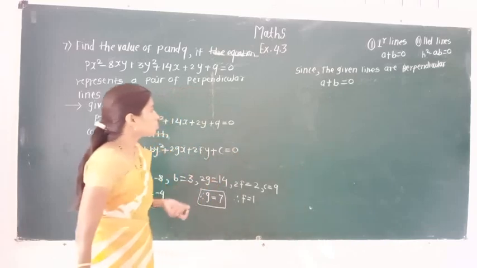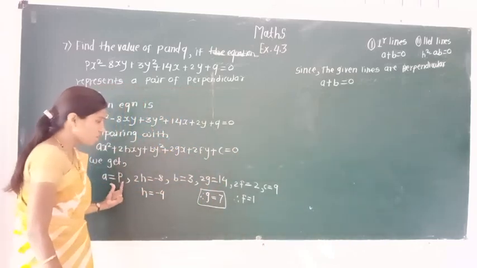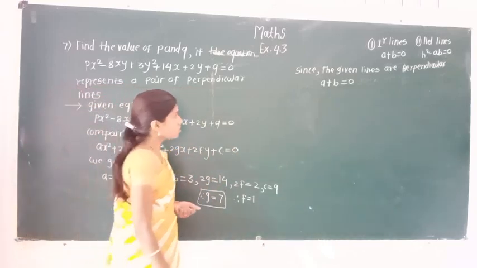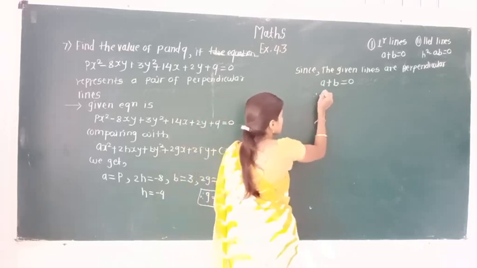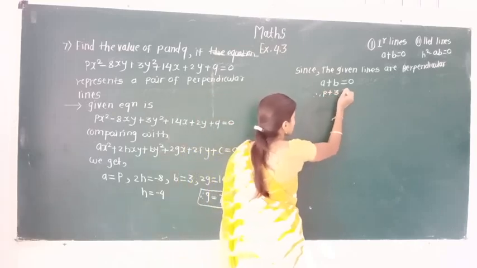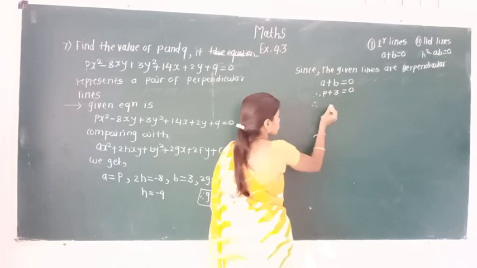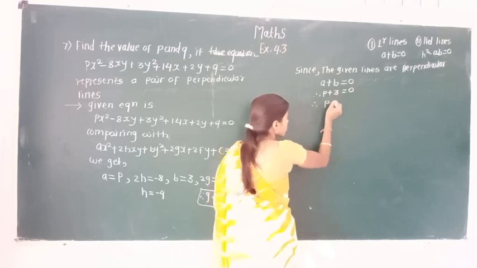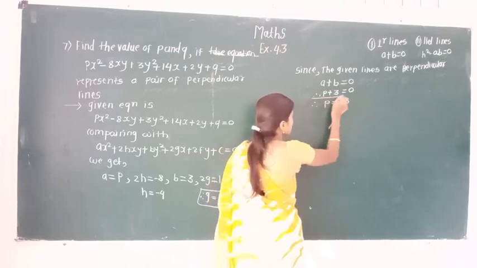And put the value of a is here p, b is here 3. So p plus 3 is equal to 0. So simplifying this equation, we get the value of p is here minus 3.